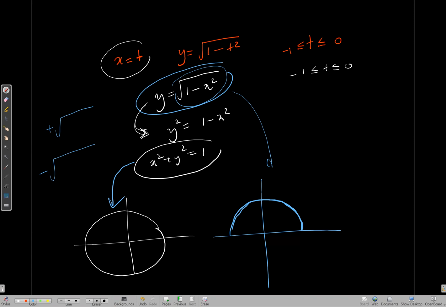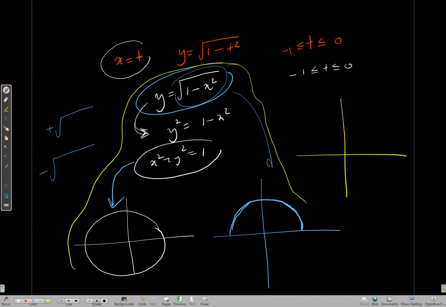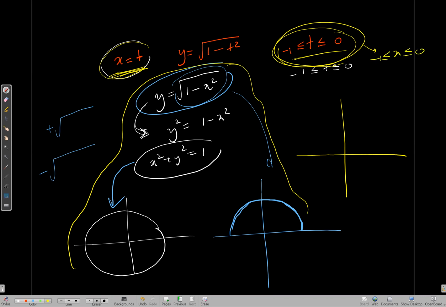But now we have to be careful. This is still not our final answer, because in this piece of work, I never used this fact. t is only changing from -1 to 0, and x equals t. That's how we parameterized it. So without drawing the table, since x is t, x is only changing between -1 and 0.